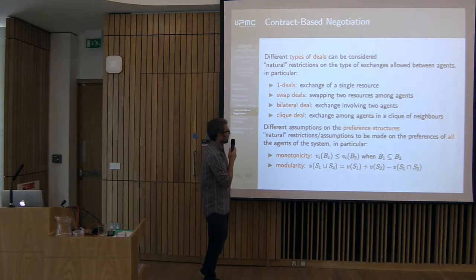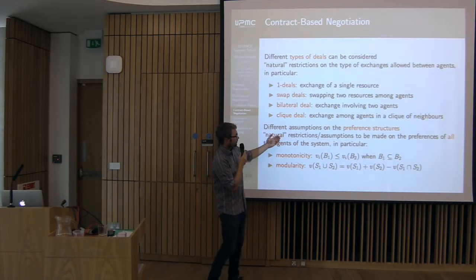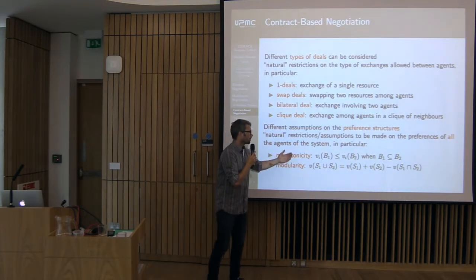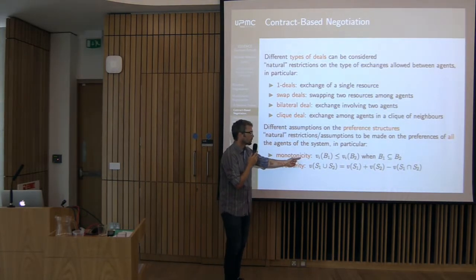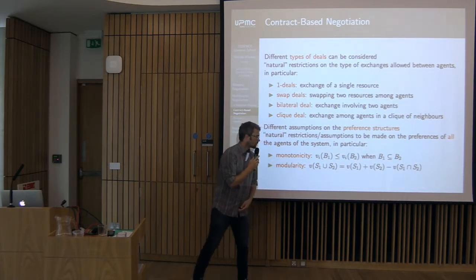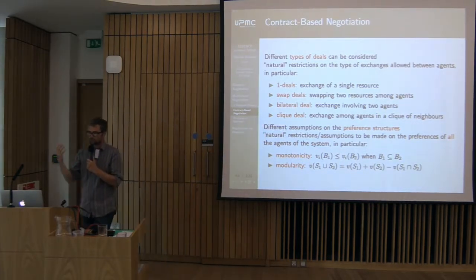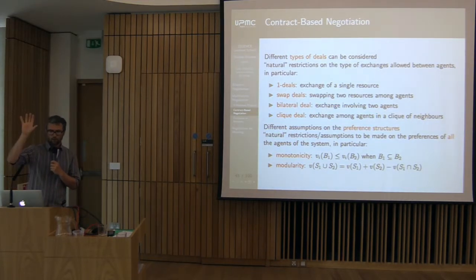And you can also have hypotheses on the preference structures of agents. Monotonicity is one of them, but you can have superadditivity and so on, as we mentioned at the beginning. So, big picture: many agents, constraints on the way they can deal with each other, contracts, and assumptions that you can have on preferences. Now, I will take an example, maybe the most basic one, to illustrate this kind of approach.